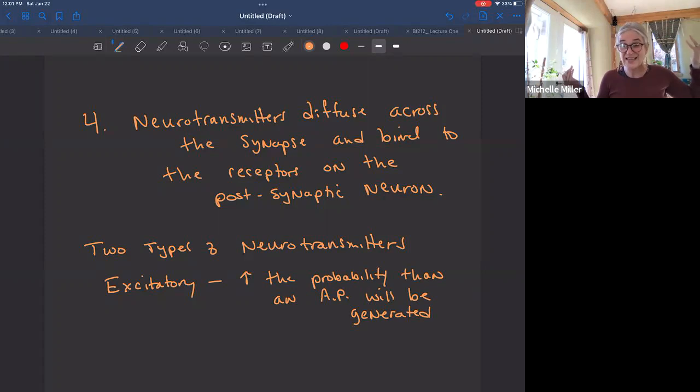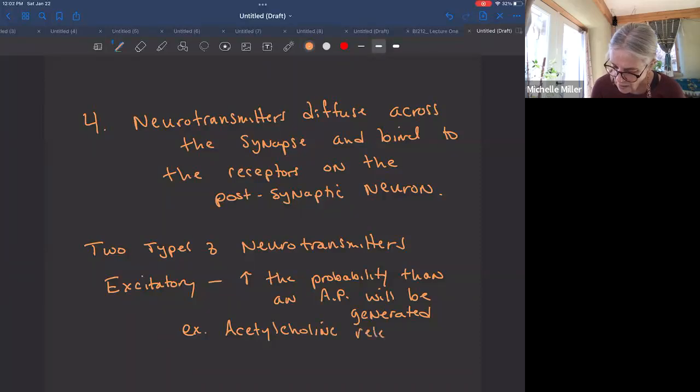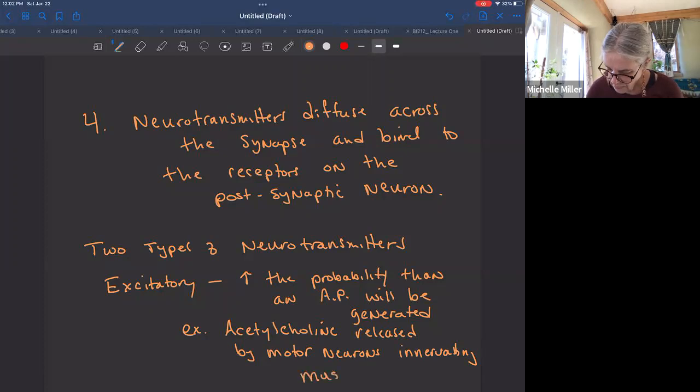What's an example of an excitatory? We've already talked about one when we talked about the muscles. Acetylcholine is excitatory when it is released by motor neurons innervating muscle fibers.